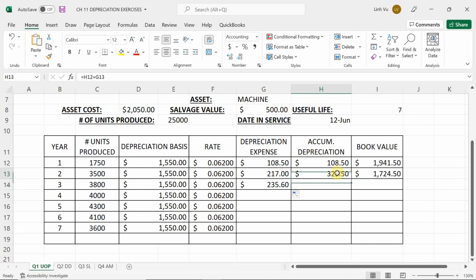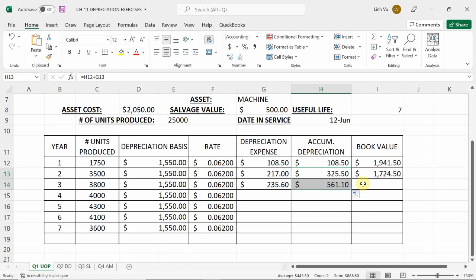Correct? Mm-hmm. 325.50 add 235.60. I got 561.1.